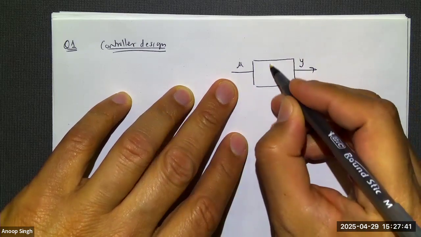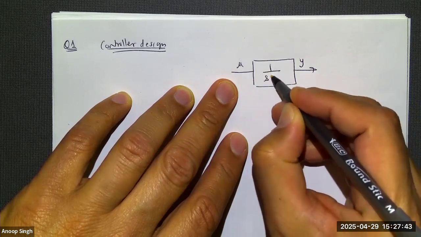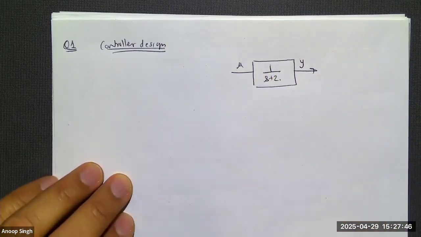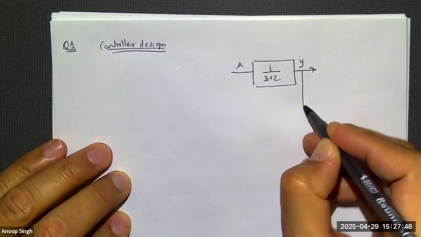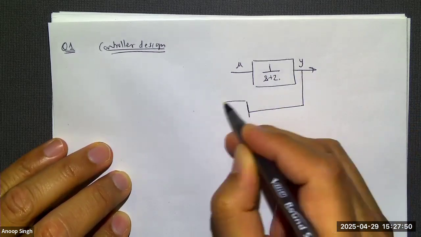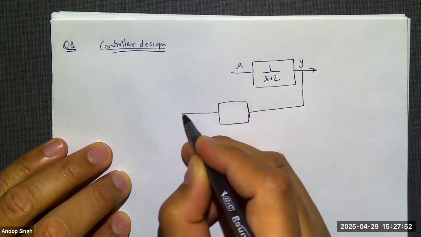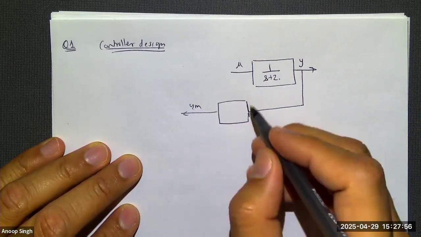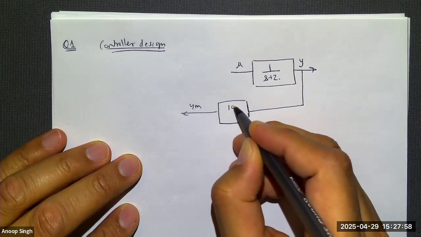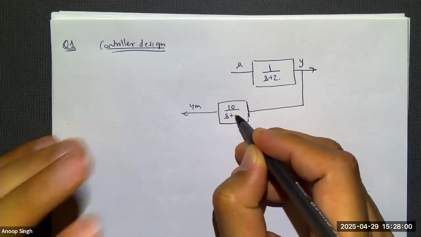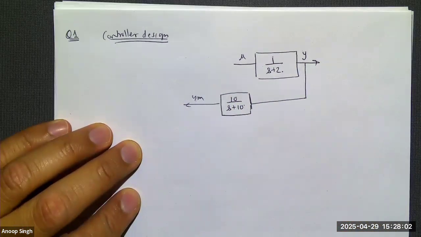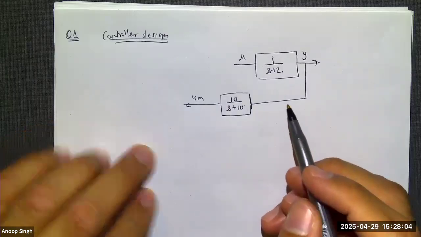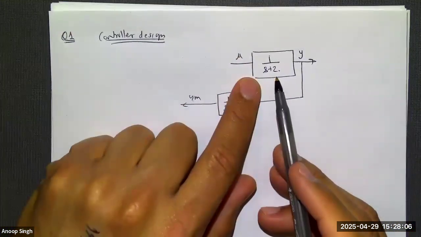So today we'll have a first order system once again. We'll call it 1/(s+2) like this. And then we take the output Y and there's a sensor that's measuring it. But the sensor has its own dynamics, and we'll say the sensor dynamics is 10/(s+10). So this basically means it's a first order system.